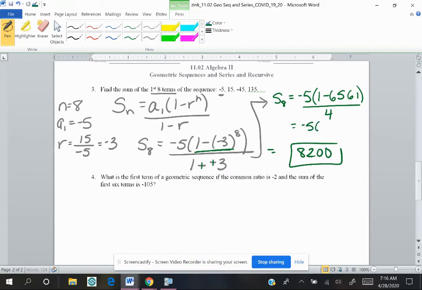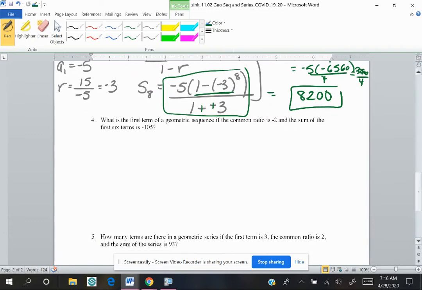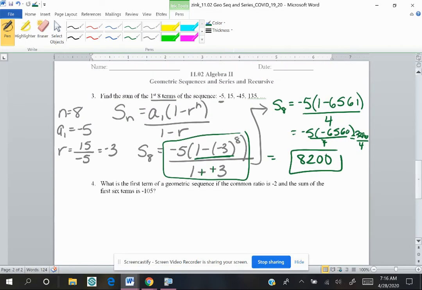So negative 5 times negative 6,560 over 4, and then again, you can type that into your calculator, get 32,800 over 4, which would give us 8,200. But again, you can just type this whole thing right into your calculator. Even if you did 1 minus negative 3 in the bottom, that would also work. So as this sequence continues forever, the sum of those first 8 terms would give us 8,200.